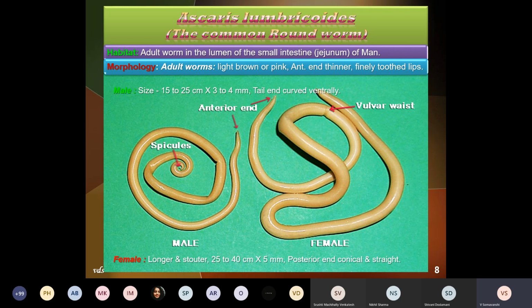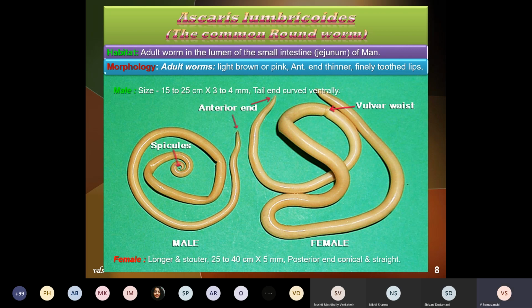But for the existence of that particular parasite in nature, it has to change the host, so an alternative host may usually be there. But in case of infection in a human being, the whole life cycle completes in the same host.